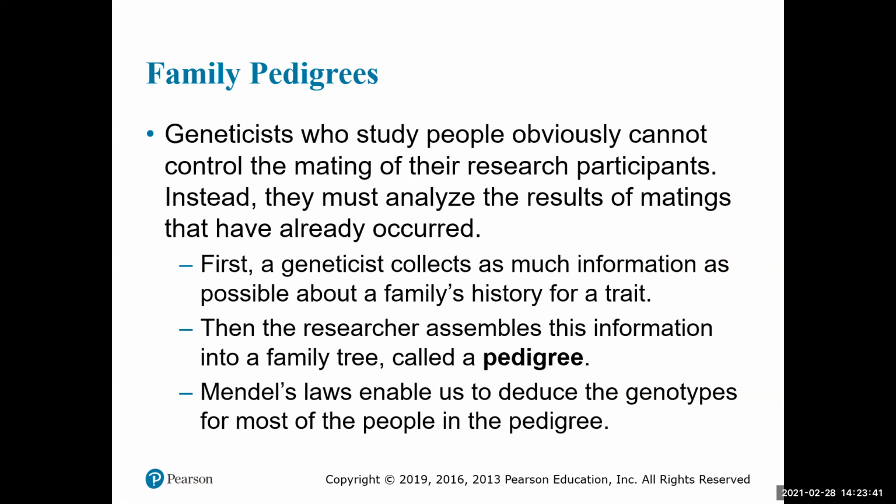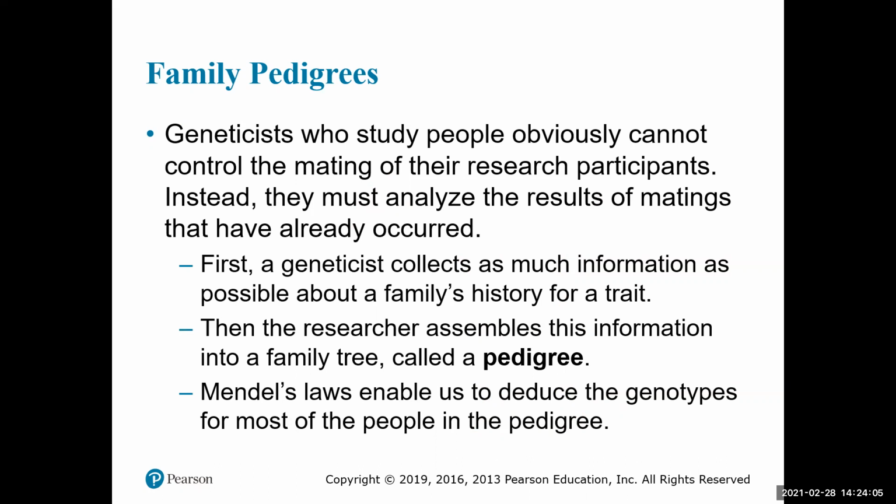All right, and so we can take these probabilities, we can take the understanding of our test crosses and the understanding of how alleles are passed from parent to offspring, and we can analyze the past family history of organisms.